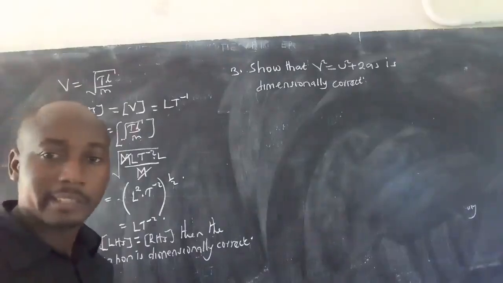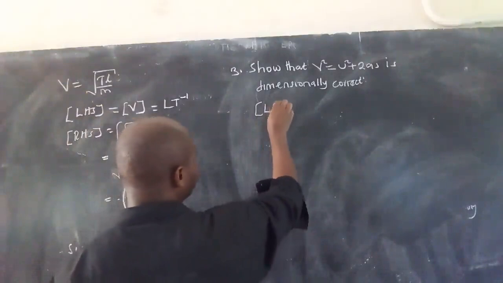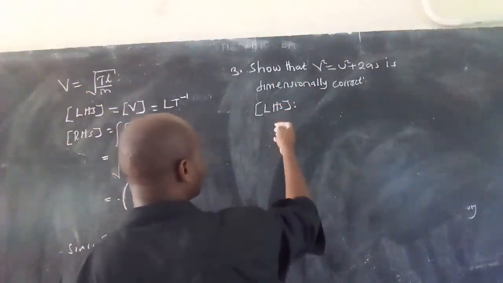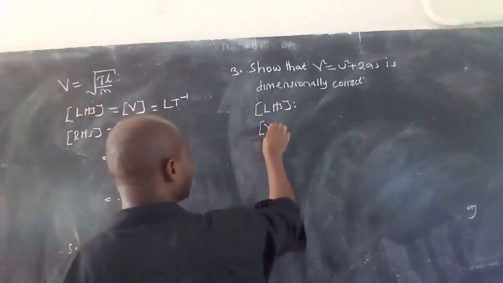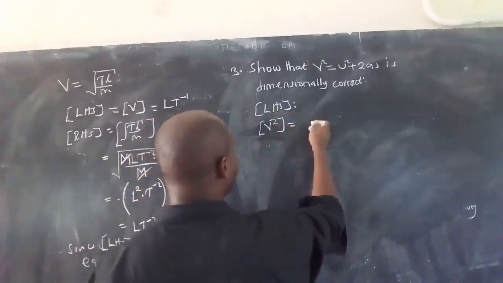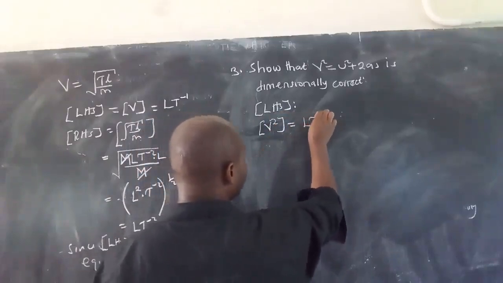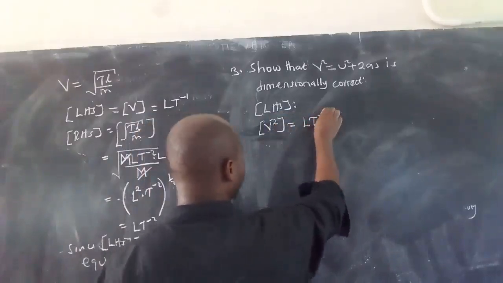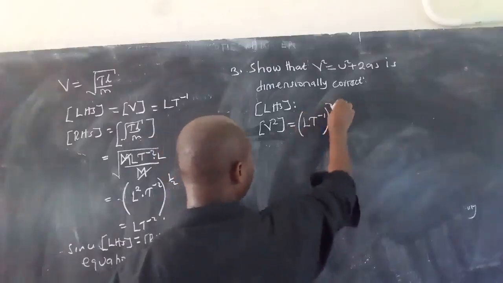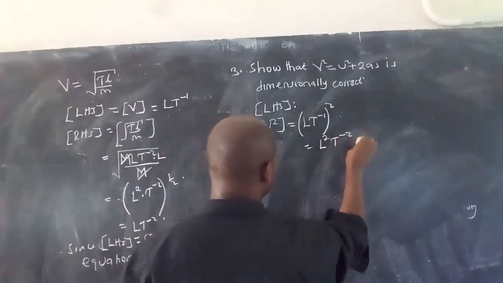So what you do in this case, you say we start with the dimensions of the left hand side. So that means the dimensions of v squared will become, this is meters per second squared, that is L t negative 1 squared, which is L squared t negative 2.